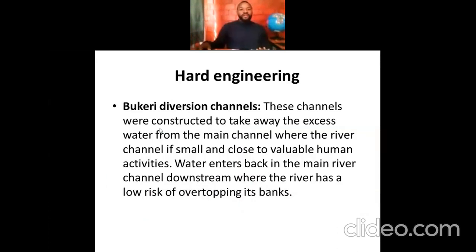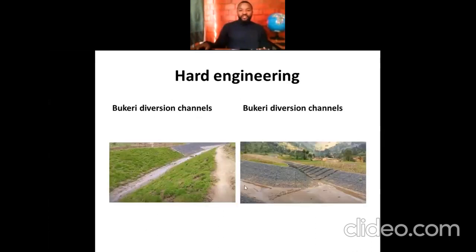Another hard engineering measure that has been done is the diversion channels that have been constructed also downstream. The diversion channels were to help take away some excess water from the channel where it is still narrow, and bring that water back into the channel where it is wide.